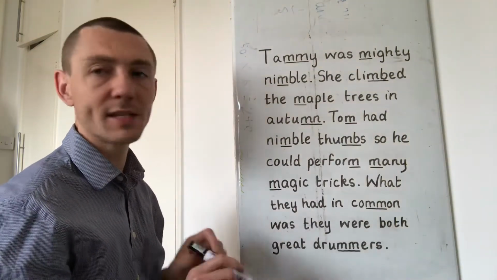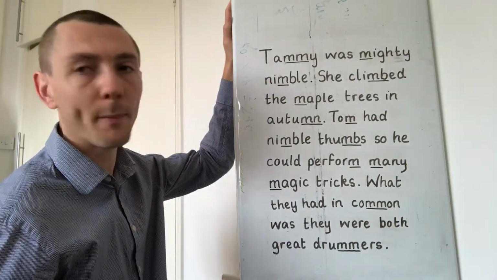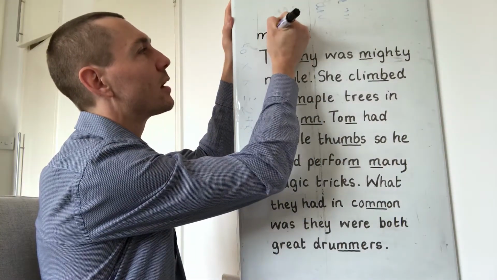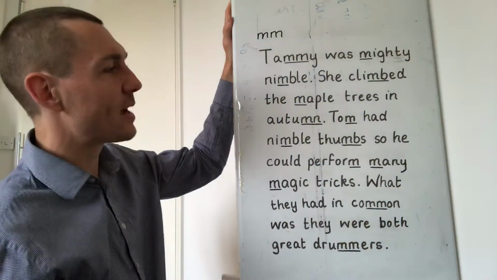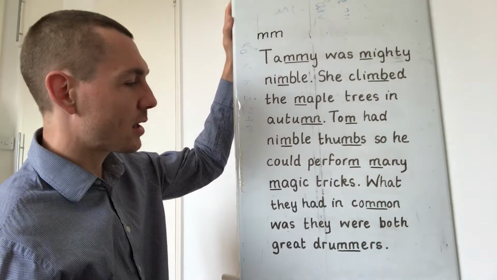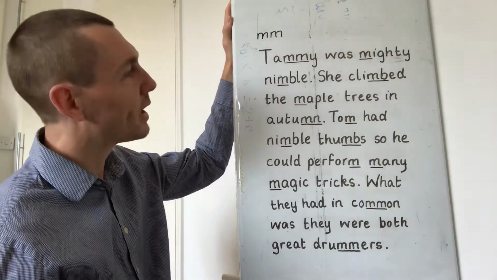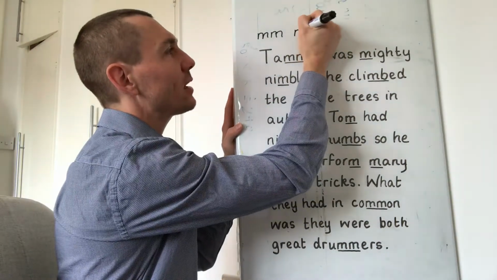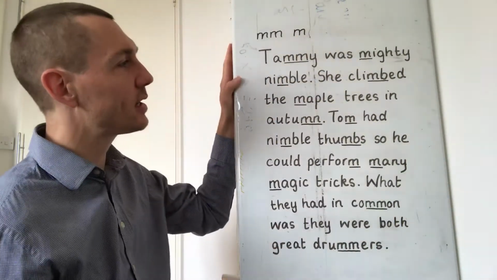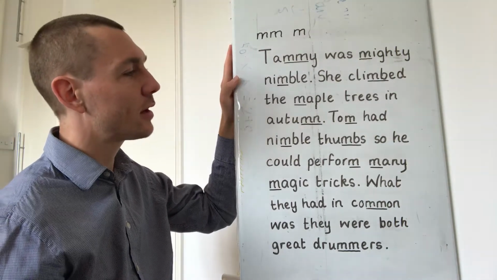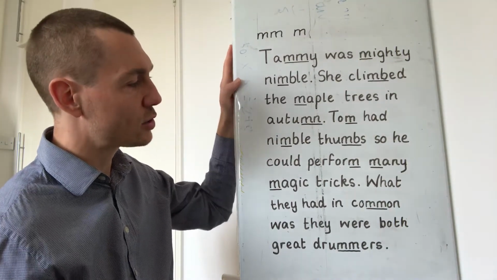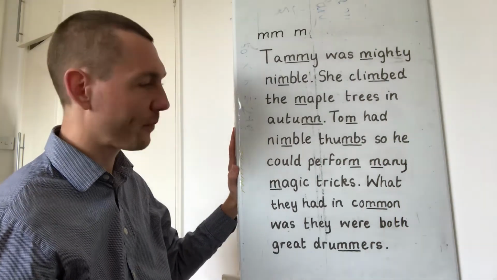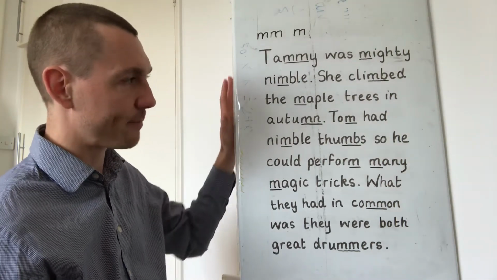Okay, and we've got different spellings of the sound throughout, haven't we? We've got the double M spelling. That's in Tammy, and in common, and in drummers. We've got the M on its own spelling. That's in mighty, nimble, maple, Tom, nimble again, perform, many, and magic.